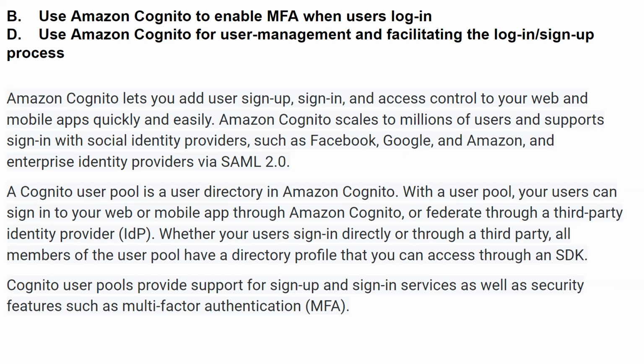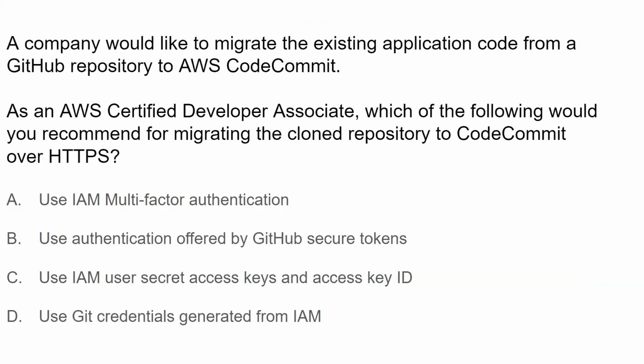All right. A company would like to migrate the existing application code from a GitHub repository to AWS CodeCommit. As an AWS certified developer associate, which of the following would you recommend for migrating the cloned repository to CodeCommit over HTTPS?